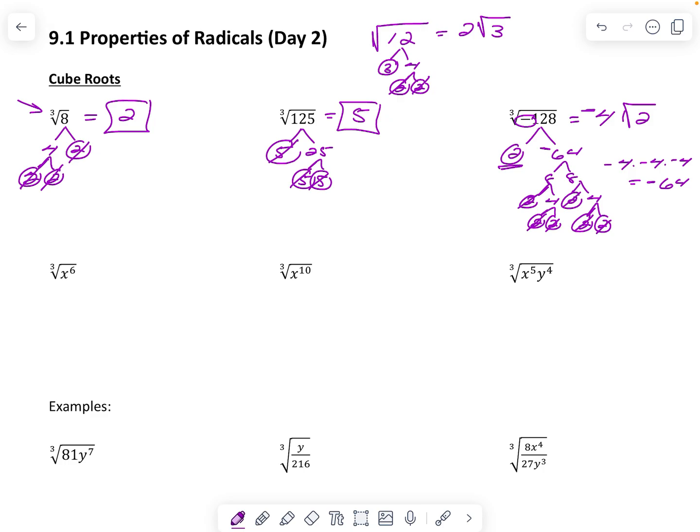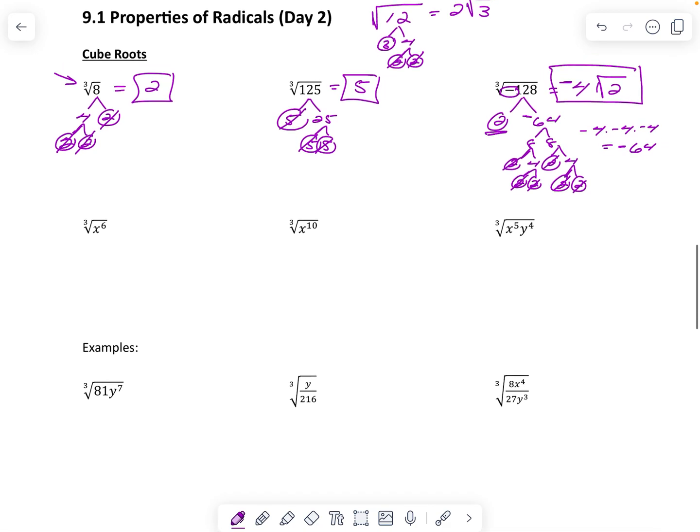And so in other words, we can take the cube root of a negative because a negative times a negative times a negative is a negative number. And so when you have that negative inside, you're going to have the negative outside because whatever you have a triplet of, it would be negative to make that negative number inside. So this would be our final answer there.